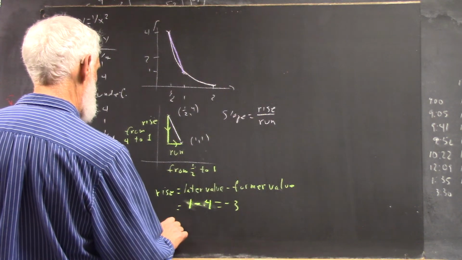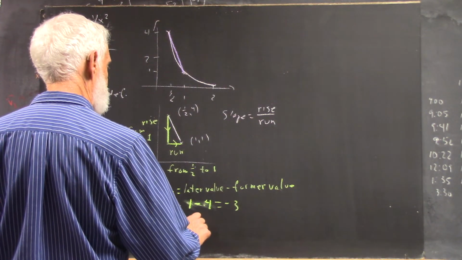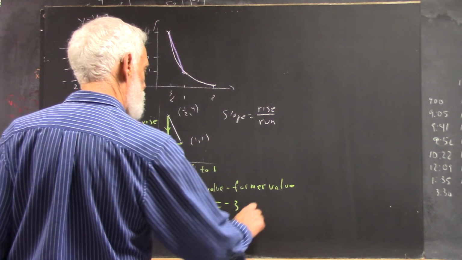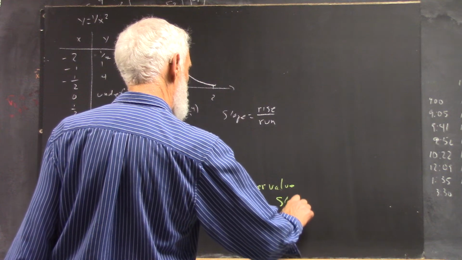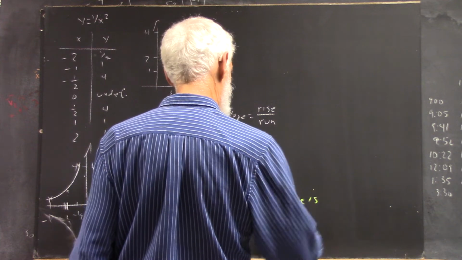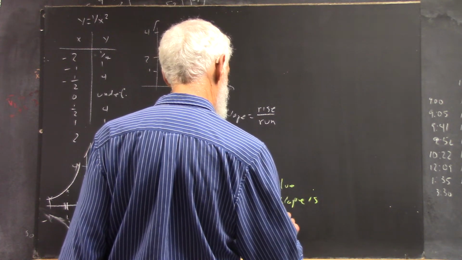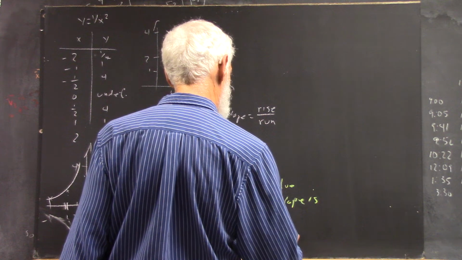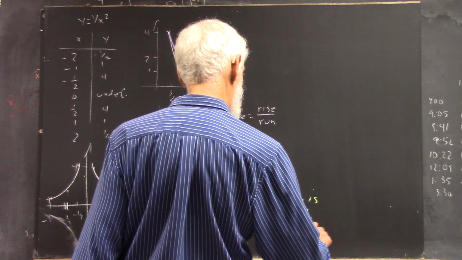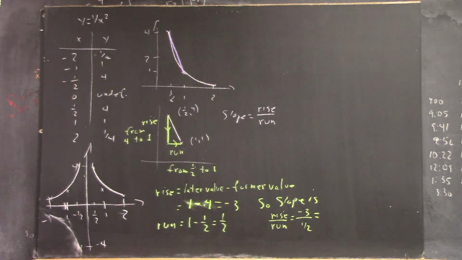And the run equals, same idea, 1 minus 1/2, which is 1/2. So the slope is what? It's rise divided by run, which is -3 divided by 1/2. What's -3 divided by 1/2? -6. -6, yeah.